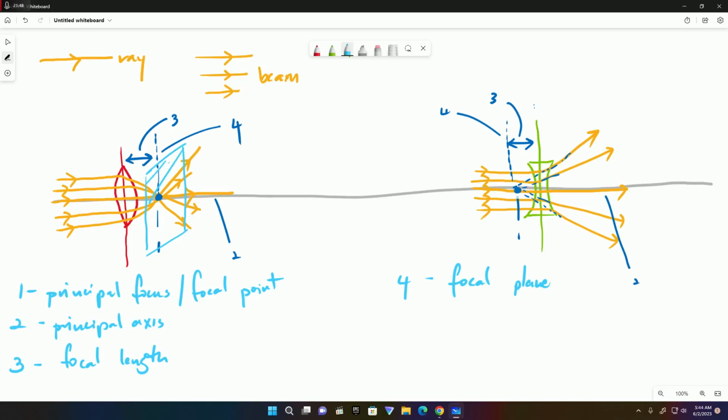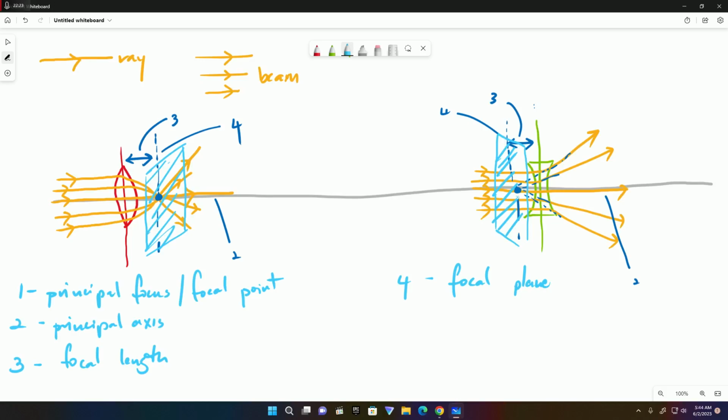It's a flat two-dimensional surface on which you would find the focal point, and it is parallel to the vertical axis of the lens. That's all it is. Now the focal length is the distance between the vertical axis of the lens, either lens, and the focal point.